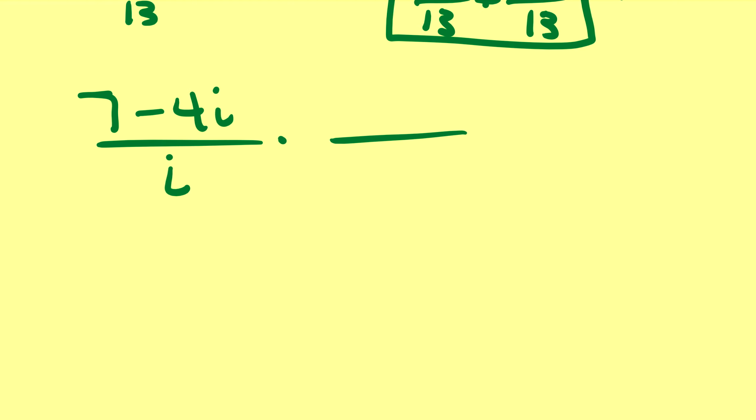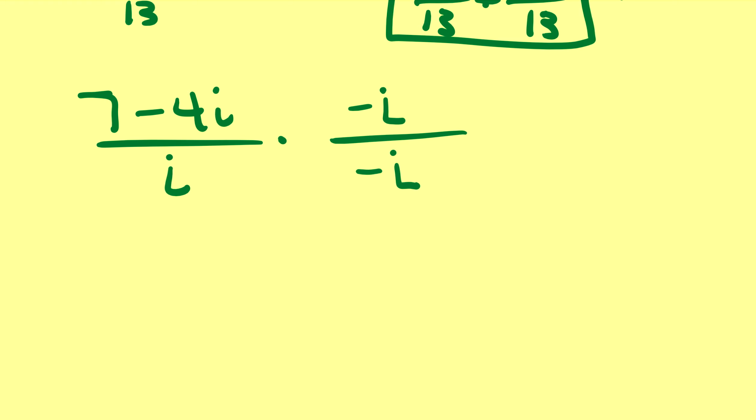Okay, so I'm going to multiply this by negative i, top and bottom, which was different than with a single radical. We just multiplied by another radical of the same number. But now with imaginary numbers, I'm going to multiply by its conjugate.